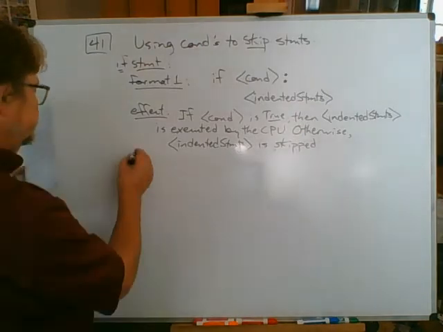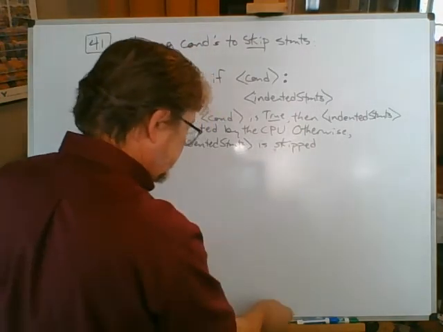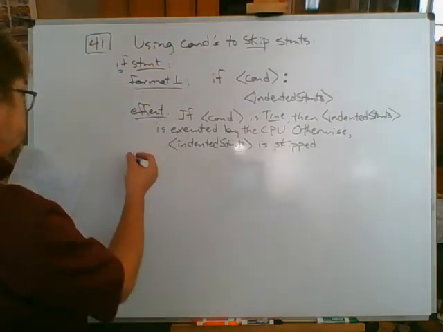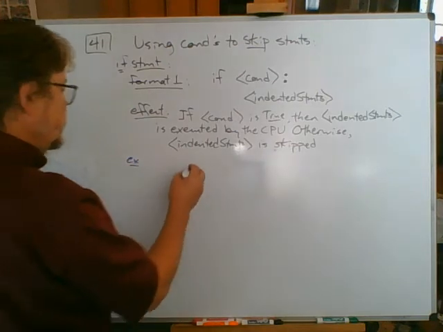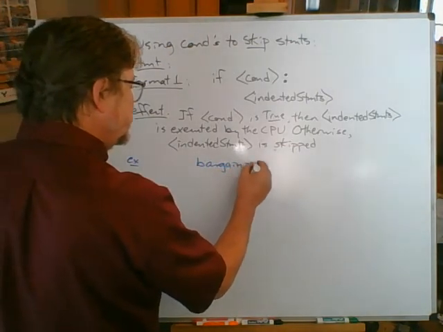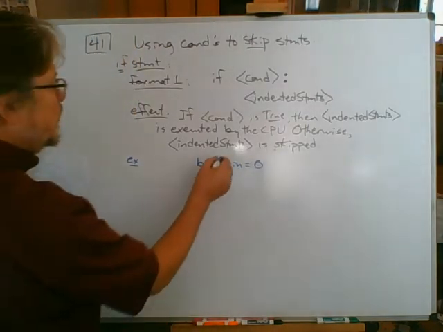For example, I'll do the example in blue, just to mix it up. Examples are blue today. Example. Bargains equals 0. That's not an if statement. That's just set up. I'll put dots up above here.